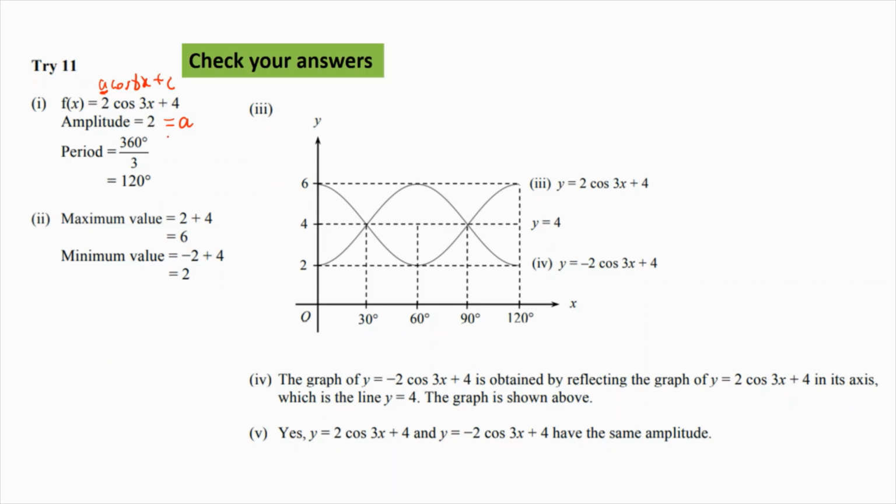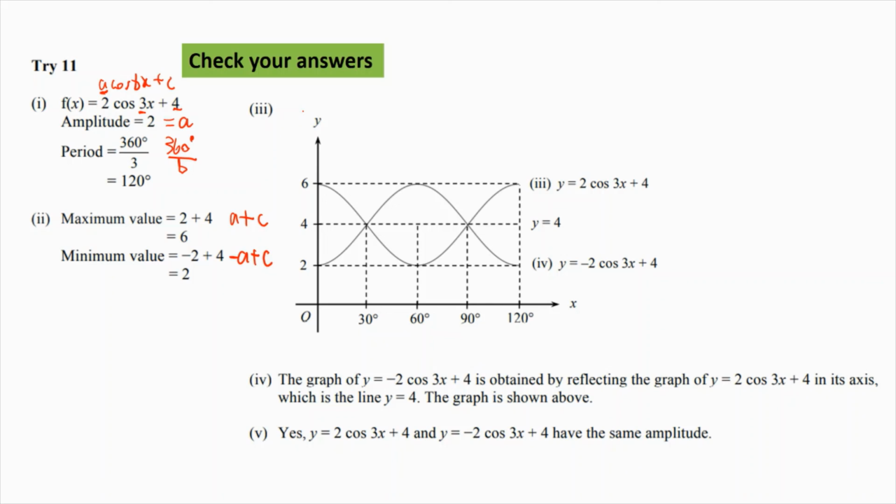The period is 360 degrees divided by B. The B is 3, so the period is 120 degrees. What are the maximum and minimum values? It is A plus C and -A plus C. A is 2, plus the C which is 4. And -A is -2 plus C, we get 2. The maximum is 6, the minimum is 2.